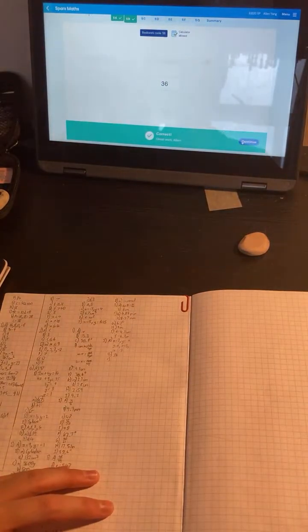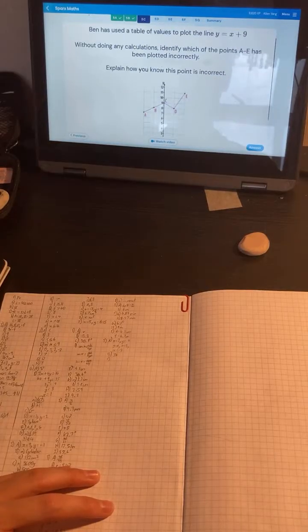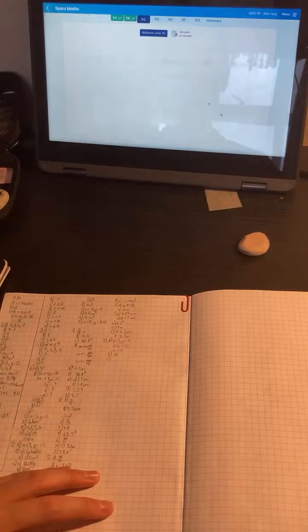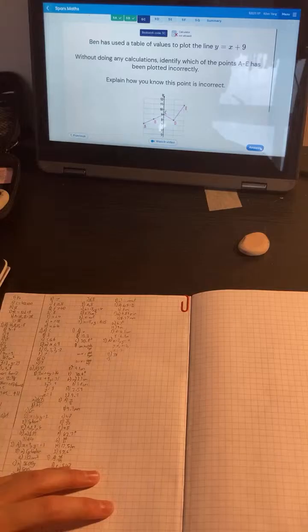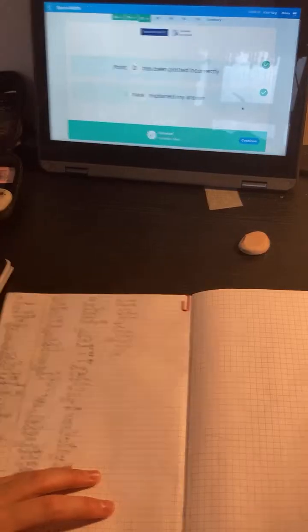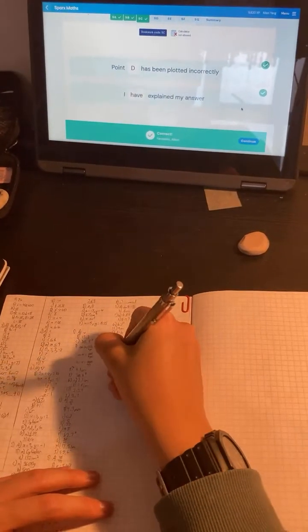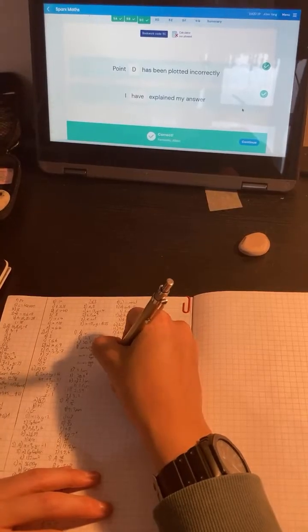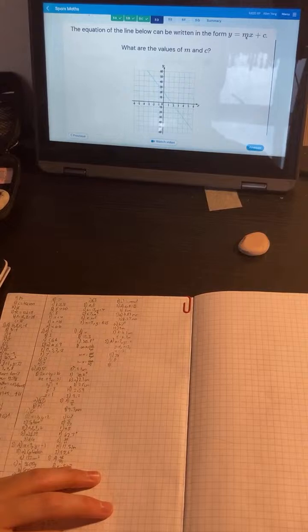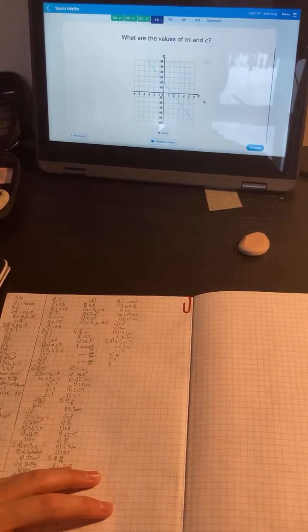C. Plot those values. It's an explain question. Okay. It's D, and I have definitely explained my answer. Definitely. D. Boom, boom, what's value? C is 20, M is negative.